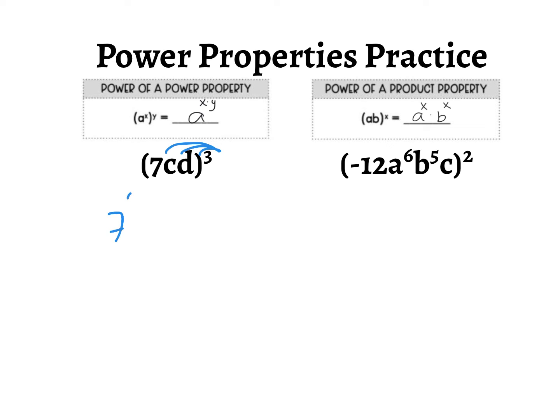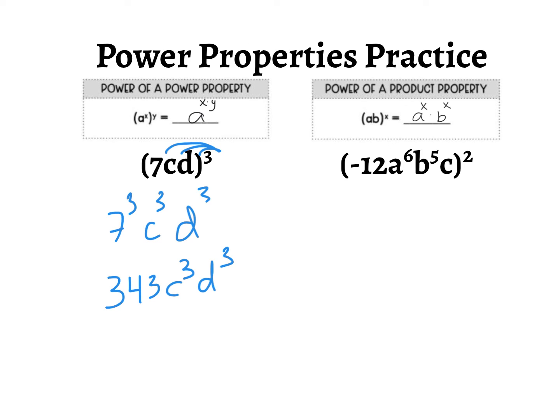So I have 7 to the third times c to the third times d to the third. The only thing that I can actually simplify is 7 to the third power because it's just a number. And 7 times 7 times 7 is the same thing as saying 343. And then I just write the variables the way they are.